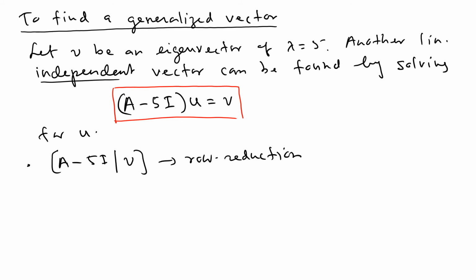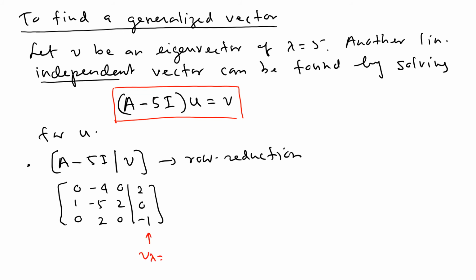So let's start with the matrix 0, -4, 0, 1, -5, 2, and 0, 2, 0 augmented with v. We're going to assume v equals 0, 2, 0, -1. That's what we picked as v. So that's the eigenvector of lambda equal 5.